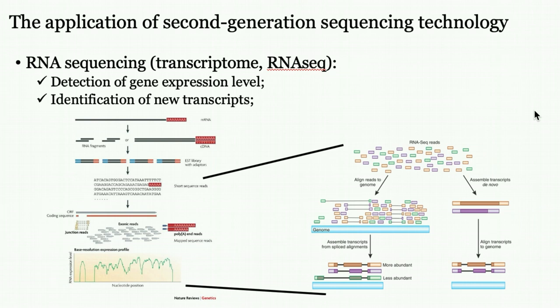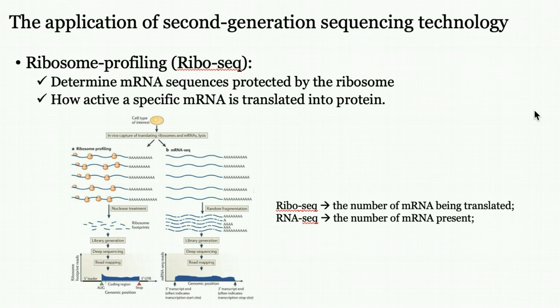So that's RNA-seq. Ribosome profiling is similarly sequencing mRNA, but you only sequence a fraction of it. This is an mRNA, and those tiny circles represent ribosomes. Those ribosomes are trying to translate the mRNA into a protein sequence, an amino acid sequence.